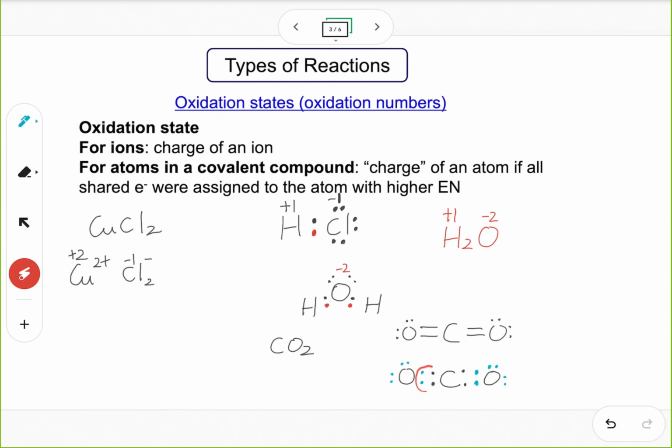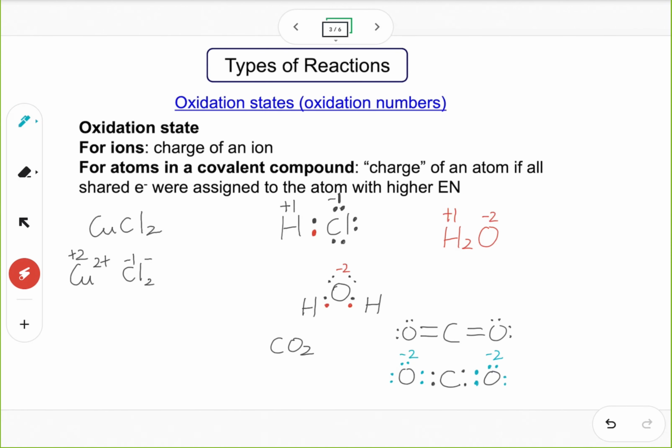Now, if all 4 shared electrons belong to oxygen, that means oxygen will get 2 more electrons. Therefore, we label the oxidation state for oxygen as -2. And same thing for this oxygen. This oxygen will get 2 more electrons to satisfy the octet rule. Therefore, it's going to be -2.